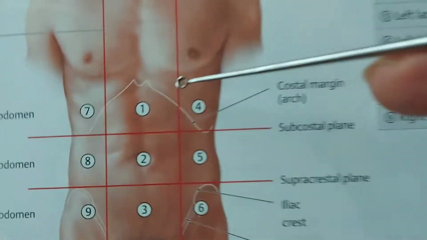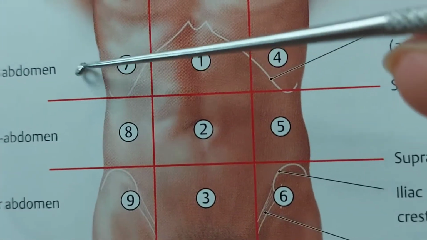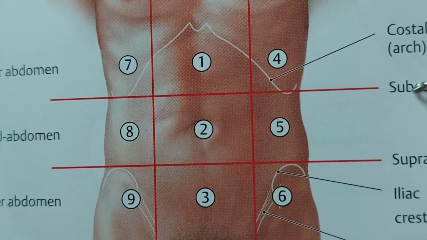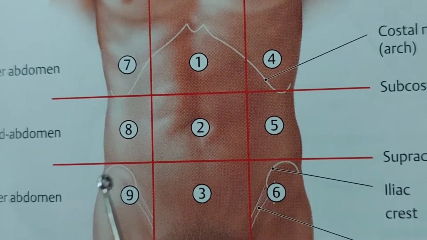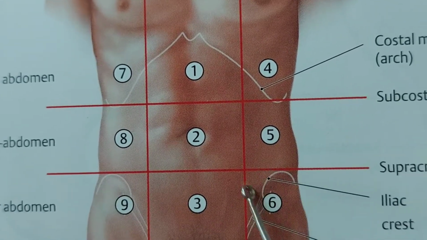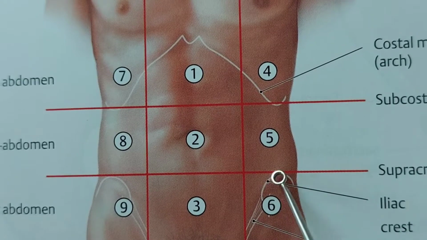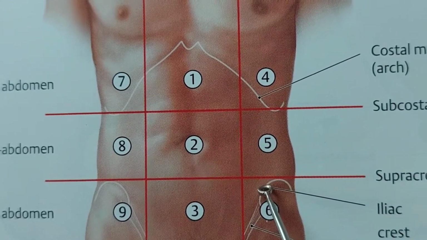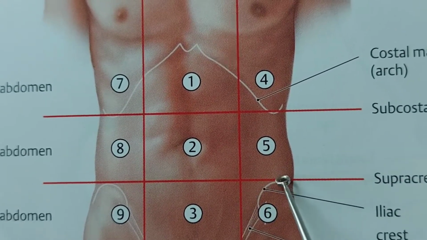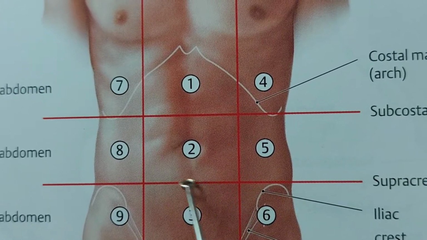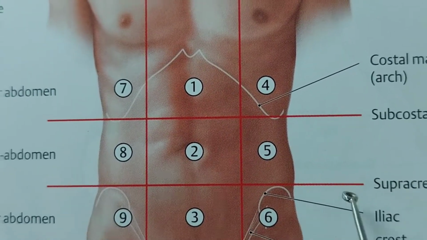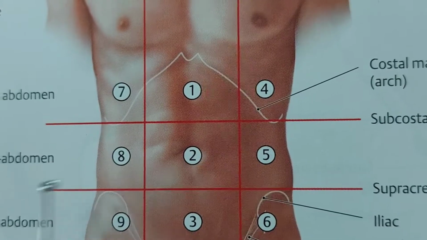So here we see the transpyloric line, and here is the iliac crest, and here is the tubercle of the iliac crest. The line that passes through this tubercle of the iliac crest is known as the transtubercular line.